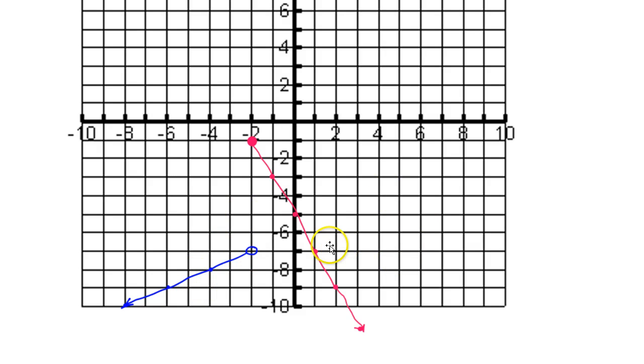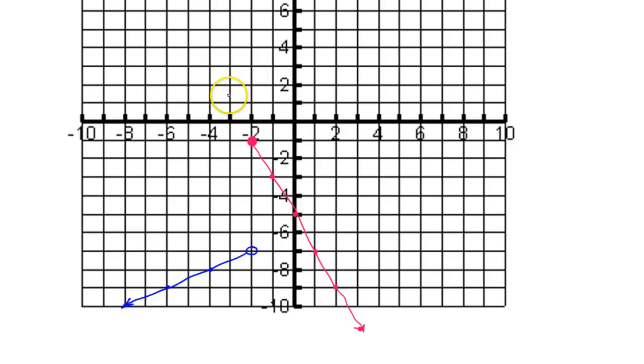Notice this is still a function. It still passes the vertical line test. If I draw a vertical line anywhere, it's only going to hit one point at a time. If you pay attention to whether or not your graph is a function, that's going to help you avoid many of the mistakes that students will make.